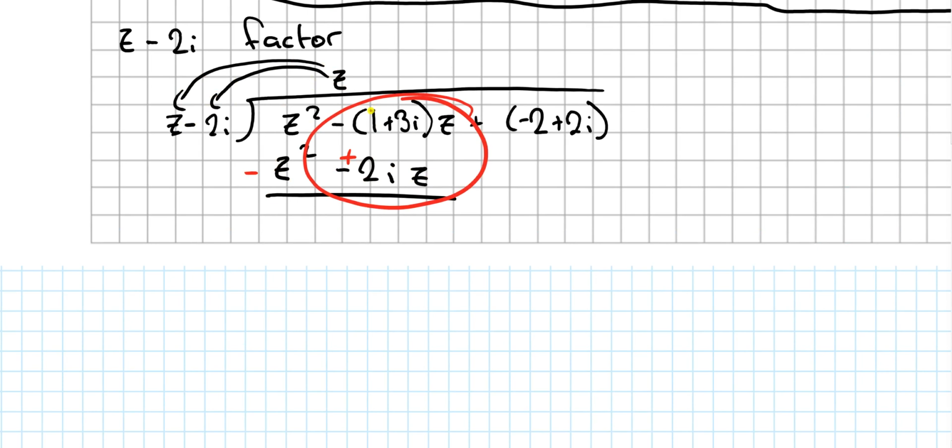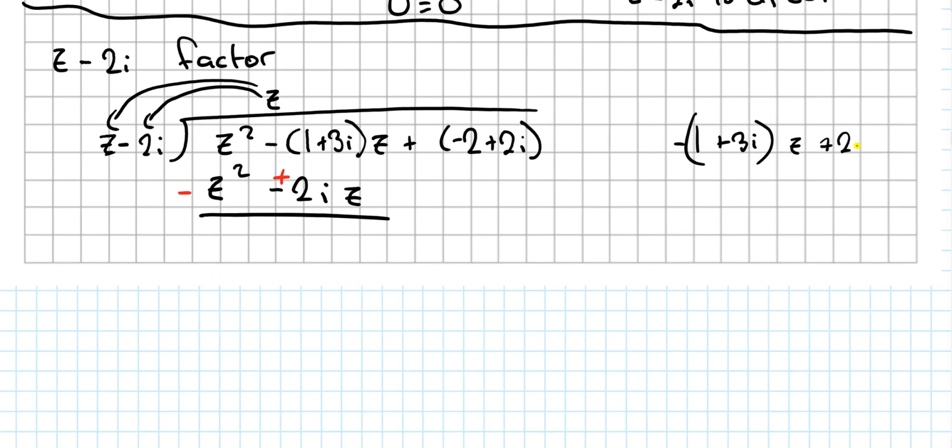Okay, well this bit now looks really complicated, so I'm going to do a little bit of rough work. Minus 1 plus 3i times z plus 2iz. That's minus 1z minus 3iz plus 2iz. That's minus 1z minus 1iz.